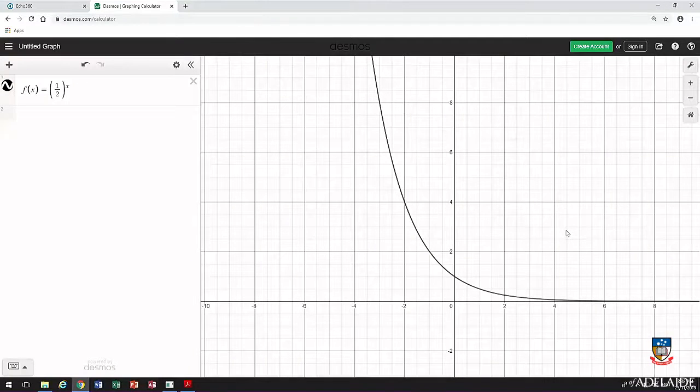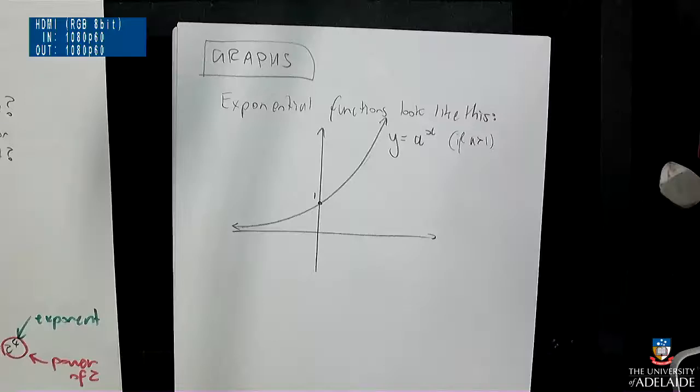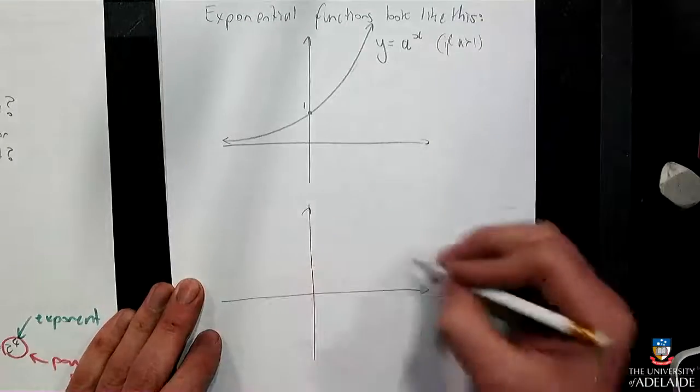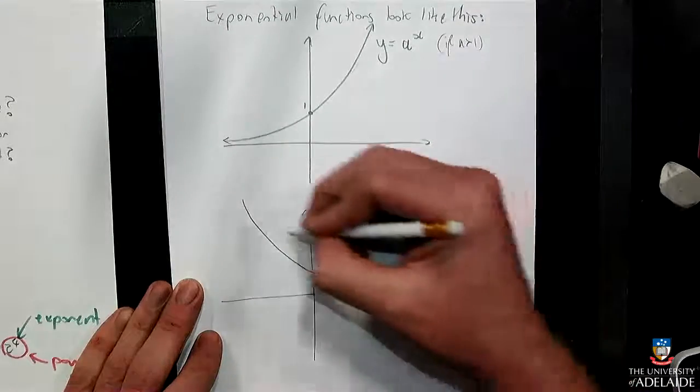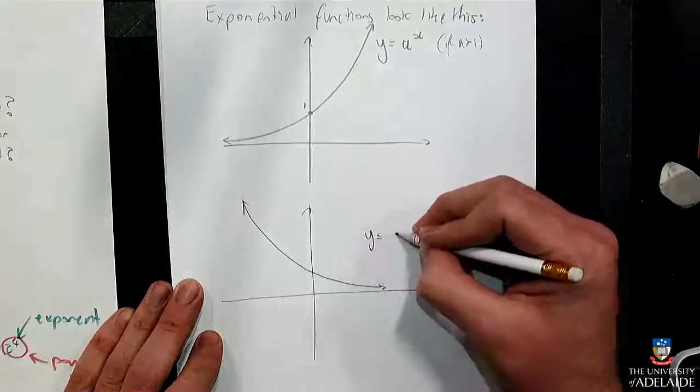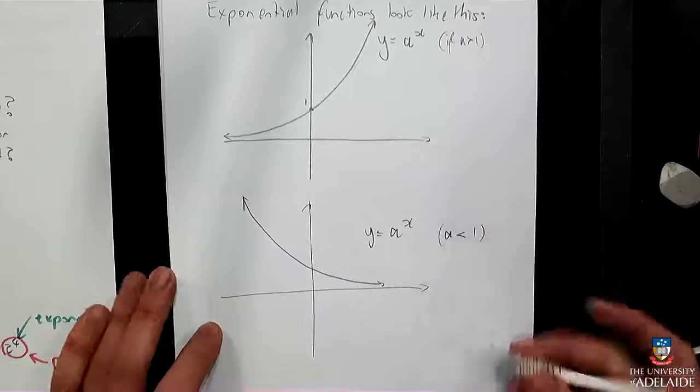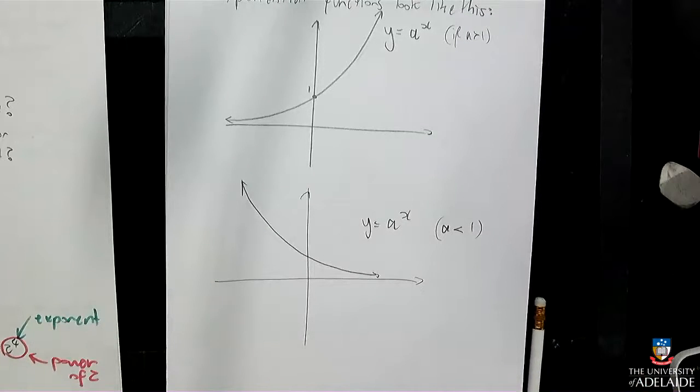So that's a less than 1. And we're not going to talk about what happens when it's negative because weird things happen for non-whole x's when it's negative.